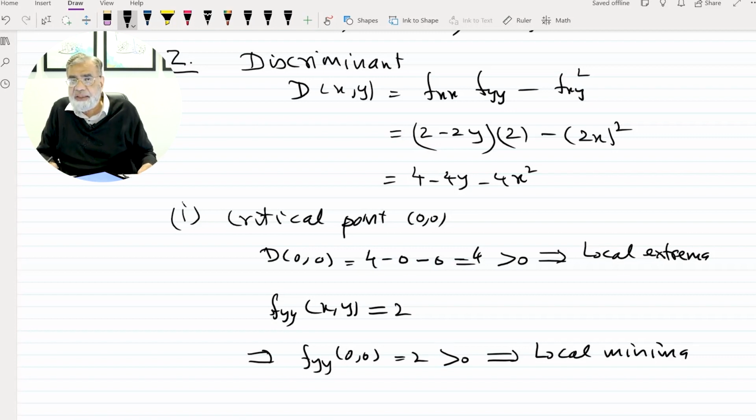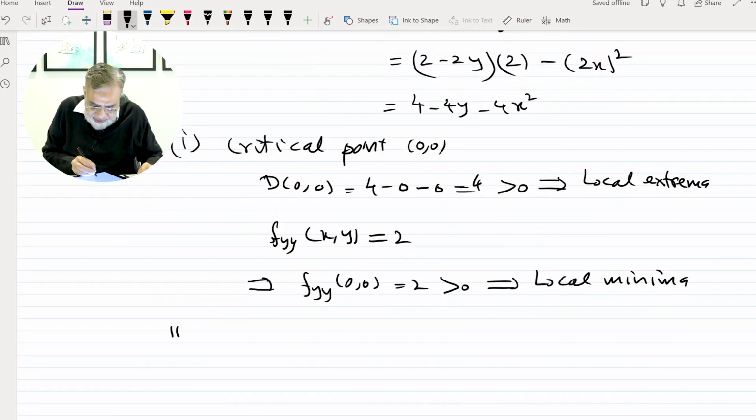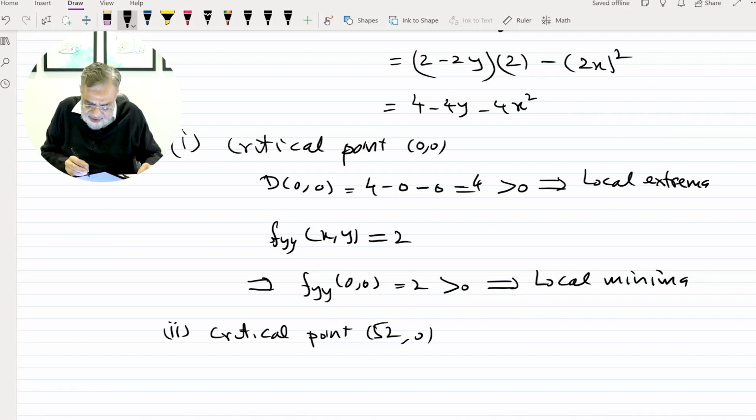Now we want to discuss the other critical points. When we are having root of 2 and 0, this is number 2. We take here the critical point (root 2, 0) and find the value of our discriminant at this point, where y is 0 and x is root of 2.